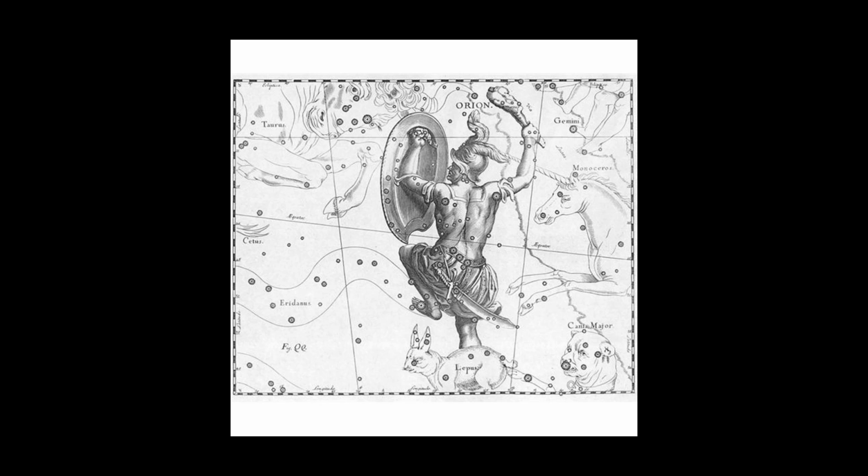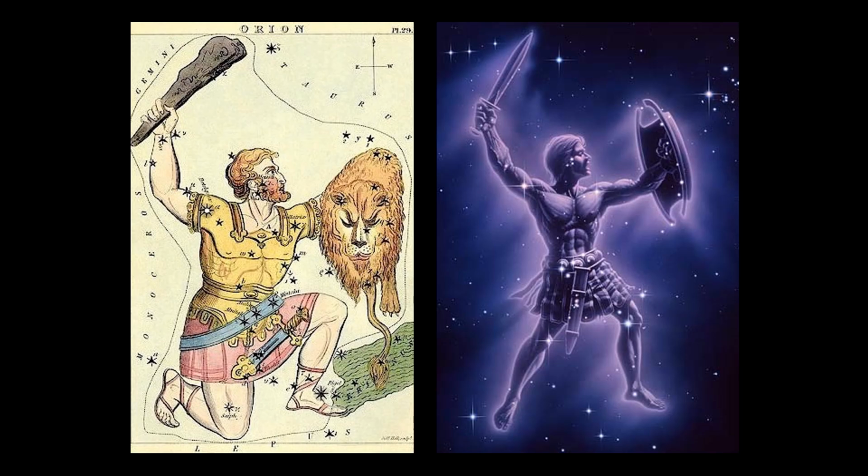So here's an example of Orion, of course, the warrior or the hunter, and telling that story. You look at the constellation in the night sky of Orion, and you think hunter, warrior. You think about the survival of the fittest, but also of the hunter-gatherer.